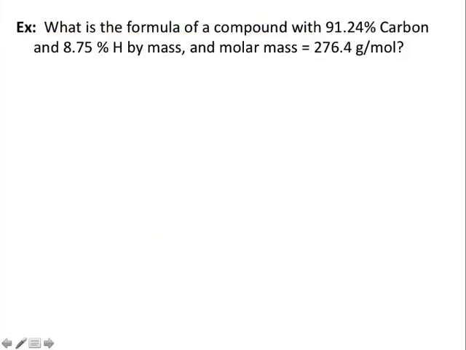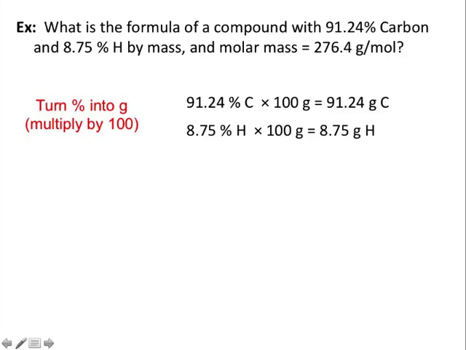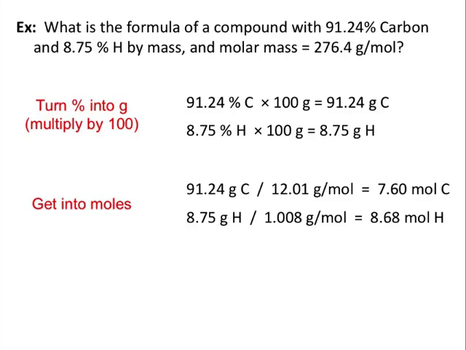All right, another example. So what if your compound is 91.24% carbon and 8.75% hydrogen by mass, and you have a molar mass here? All right, what do? Well, the first thing you do is convert these to grams, and then you'll convert both of these to moles. So divide each of them by the molar mass of the respective element.